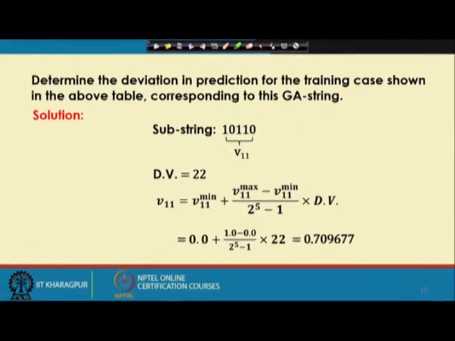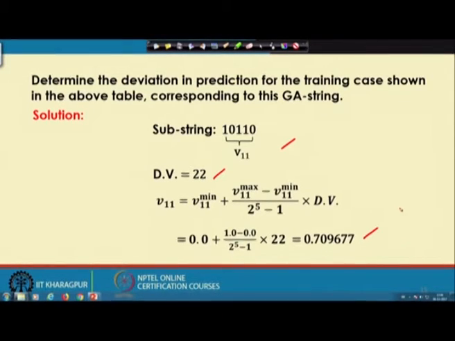Now, this is just like a recapitulation. The substring 10110 is used to represent V11, and we know how to find out the decoded value. The real value V11 is nothing but V11 minimum plus (V11 maximum minus V11 minimum) divided by 2 raised to the power 5 minus 1, into the decoded value.